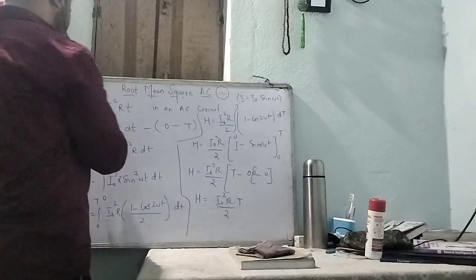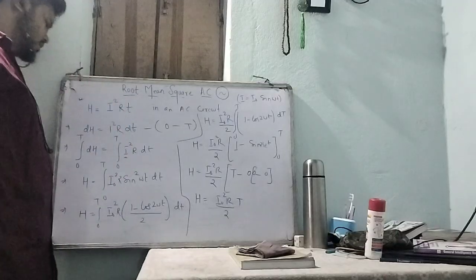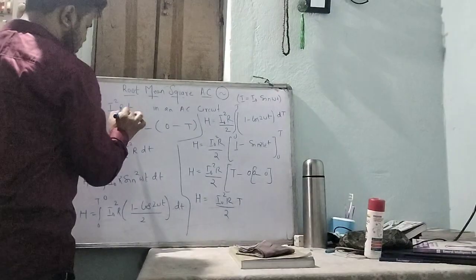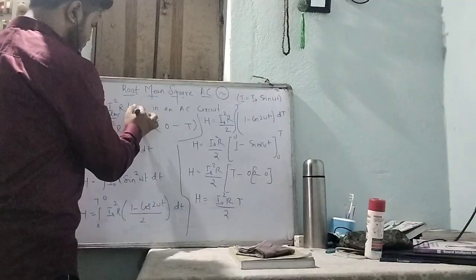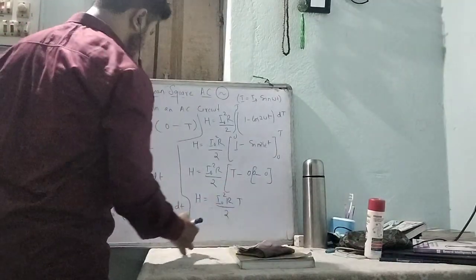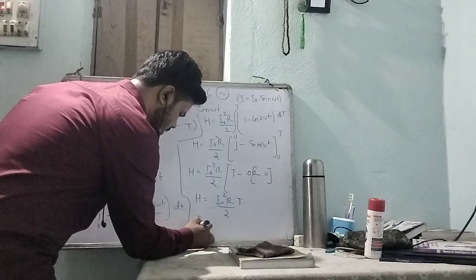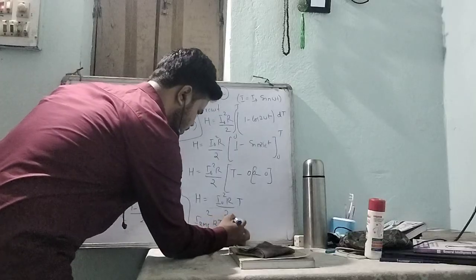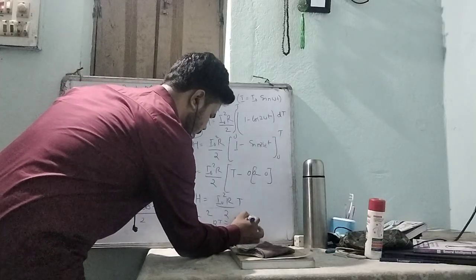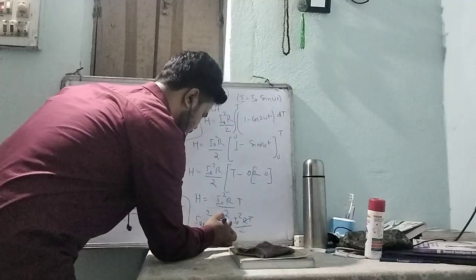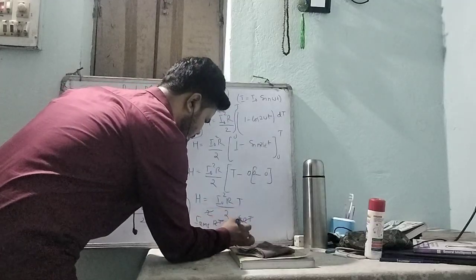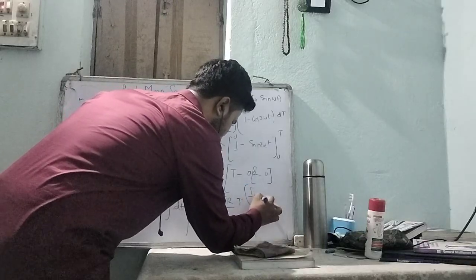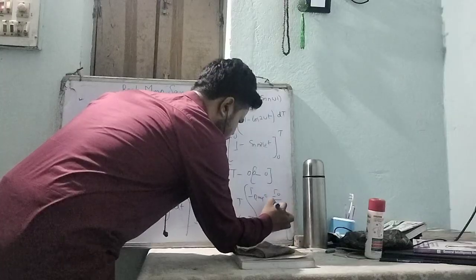And since H is equal to I square R t in a DC circuit, I considered this I as I RMS. So if I compare equation 1 with the final equation, we say that I RMS square R into t is equal to I naught square R into t upon 2. RT got cancelled, the square got cancelled, and there's a root over here. So finally I RMS turns out to be I naught upon root 2.